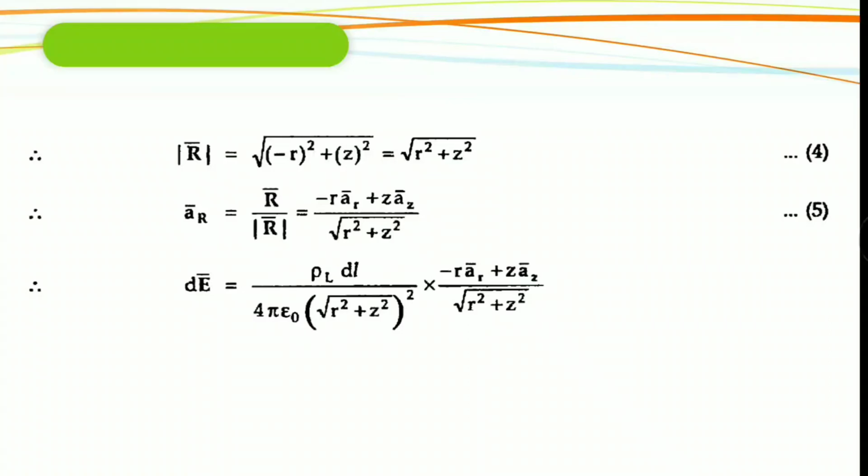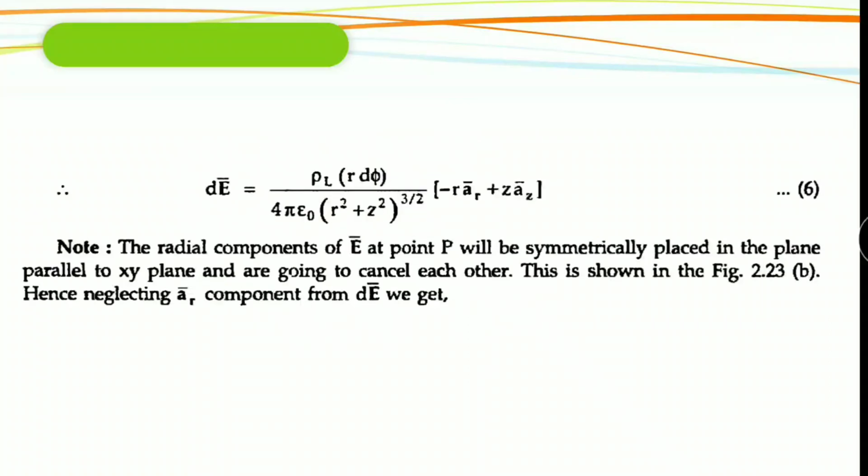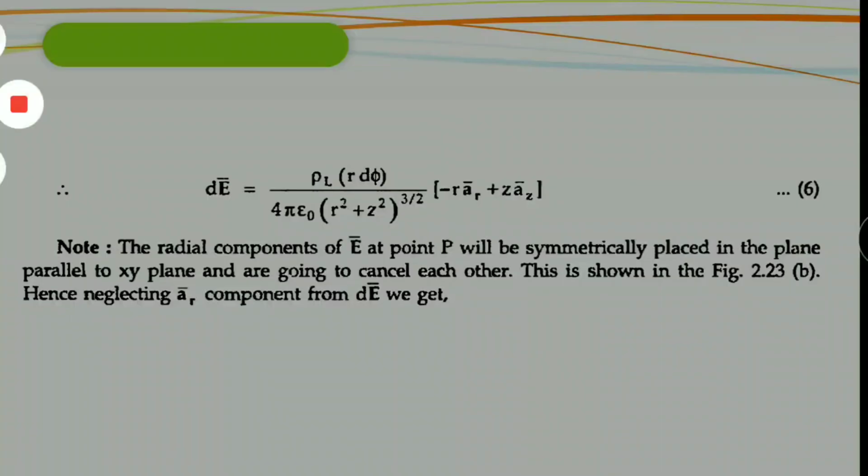But we have to calculate the total electric field intensity, that means for the entire circular ring. The electric field intensity at the point P splits into two components, the radial component, that means along the r direction, and the component along the z direction.